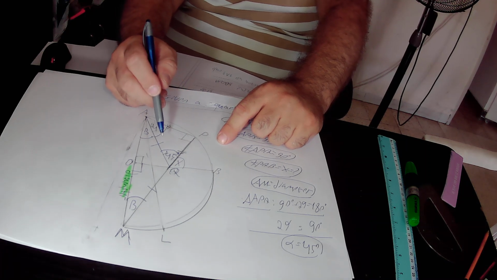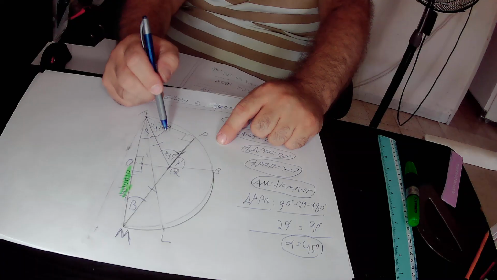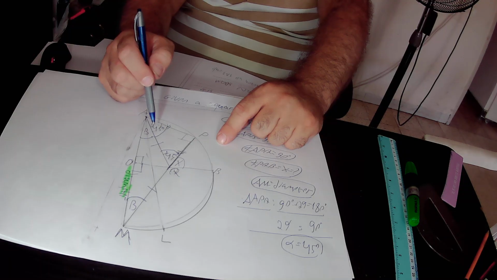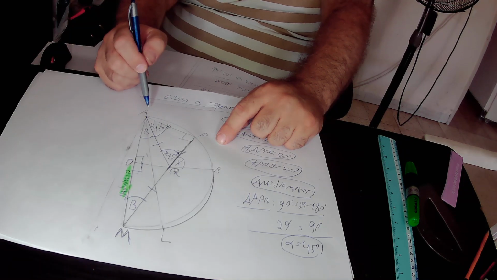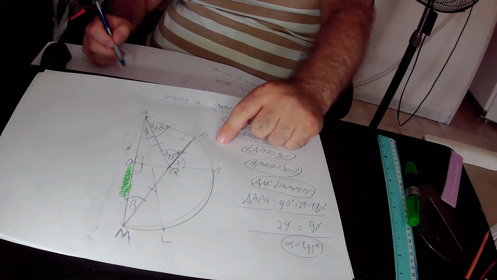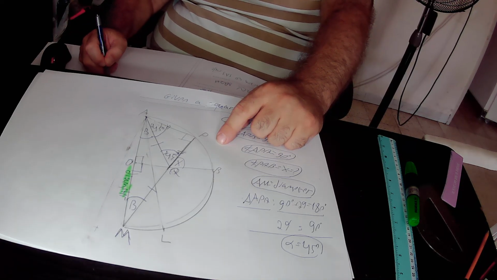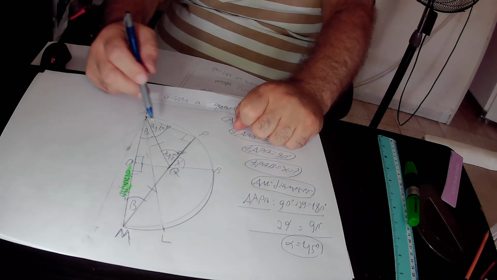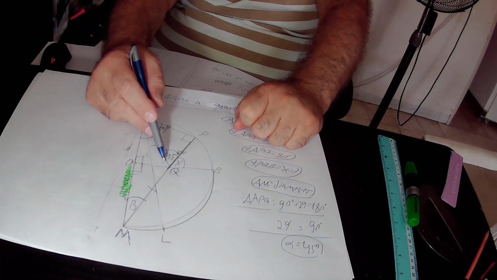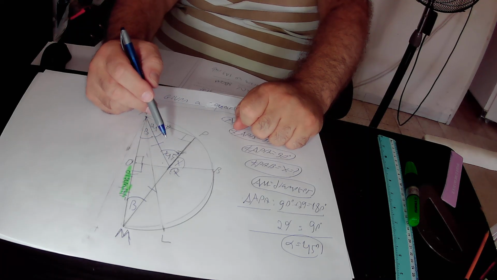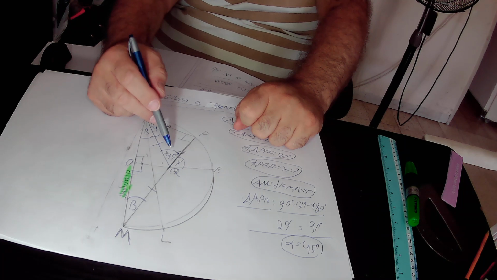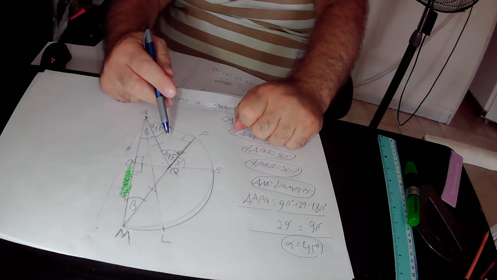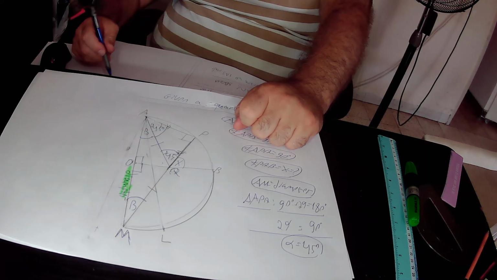This is located outside the associated triangle AQM, and therefore it is defined as an exterior angle of triangle AQM. According to rule 8, the size of the exterior angle AQP is equal to the sum of the two interior angles that are not adjacent to it. This is angle AQM that is definitely adjacent to angle AQP. The two other angles that are not adjacent to this angle AQP are those two angles, beta and beta. And therefore the size of angle AQP must be equal to beta plus beta.